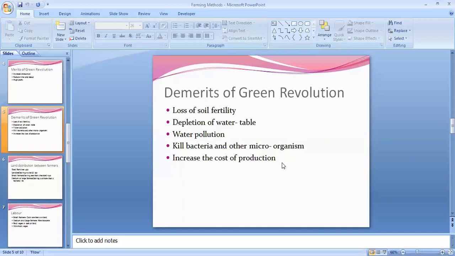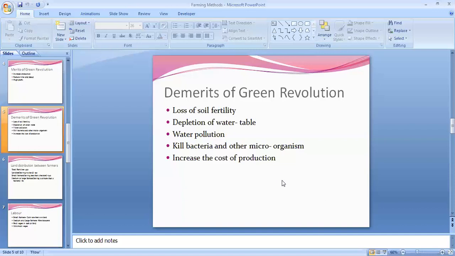Now the next demerit is the increase in the cost of production. The continuous use of chemical fertilizers has led to degradation of soil health. For example, in Punjab, farmers are now forced to use more and more chemical fertilizers and other inputs to achieve the same production level. This means the cost of cultivation is rising very fast.